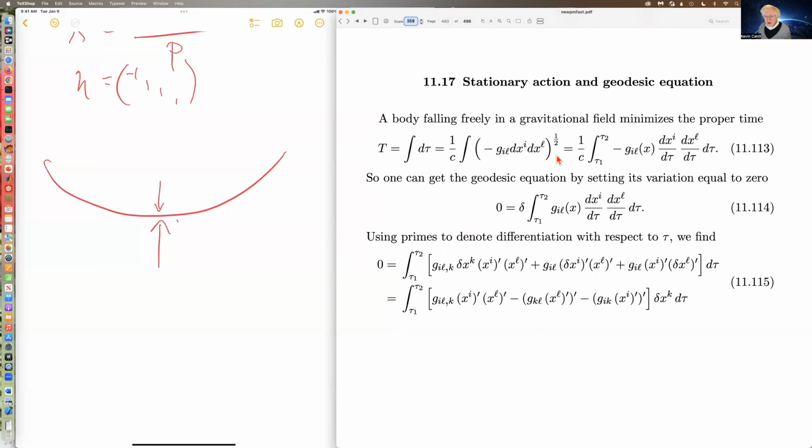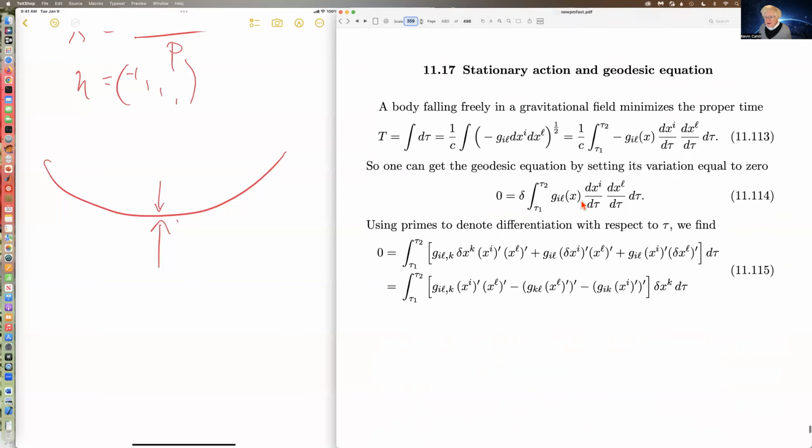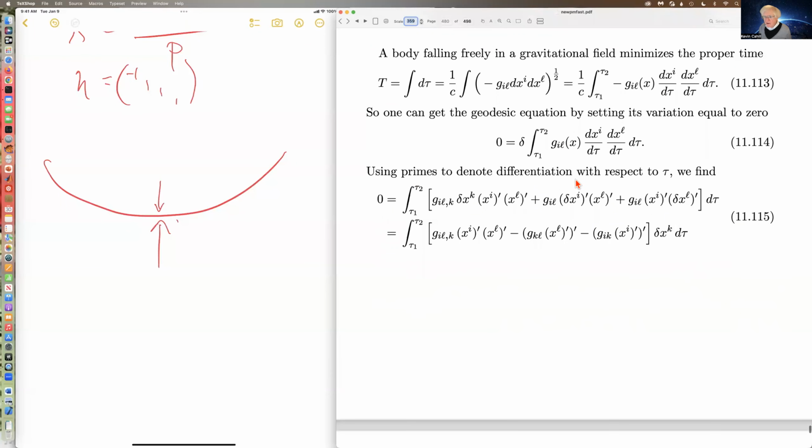Now what we've got here is that dτ is this square root, and so this expression, let me just follow this curve here. This is dτ squared, and that is divided by dτ squared, so you actually just have dτ. But now in this expression, one can set the variation of this equal to 0, and it's a simpler way of going about it, using primes to denote differentiation with respect to τ.